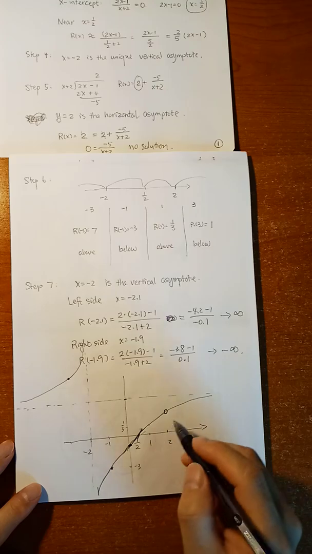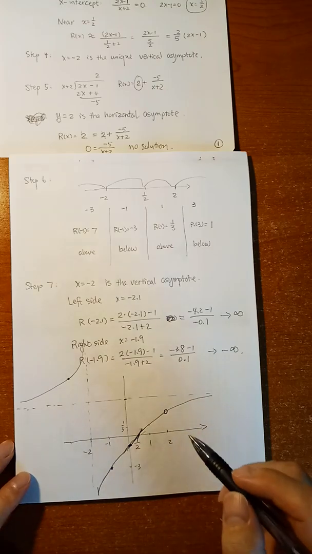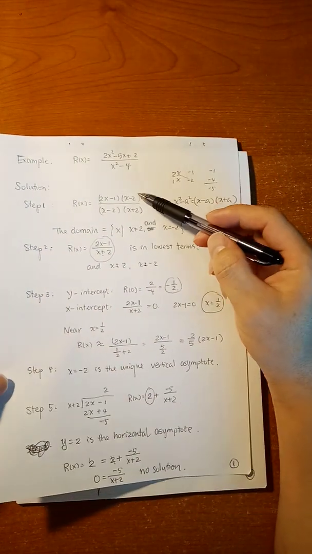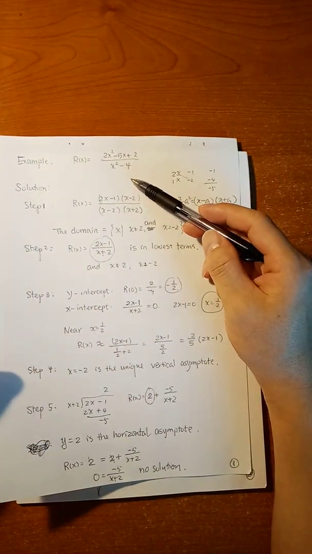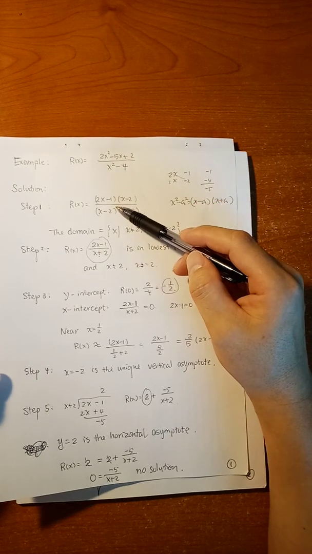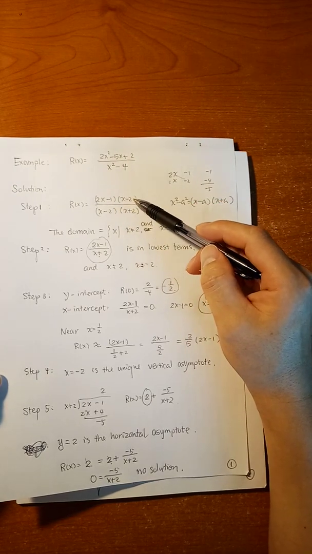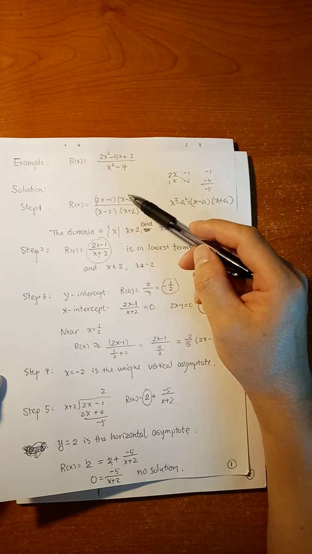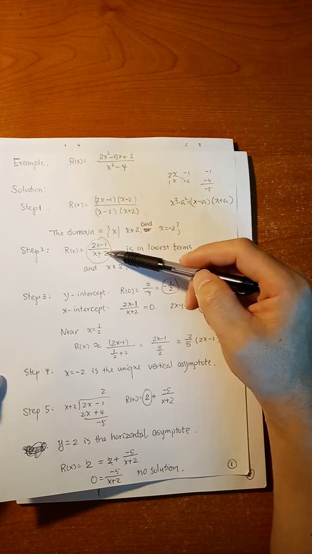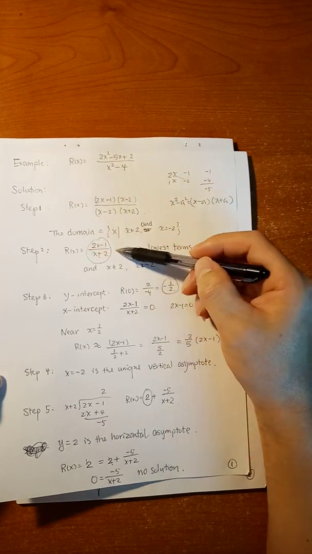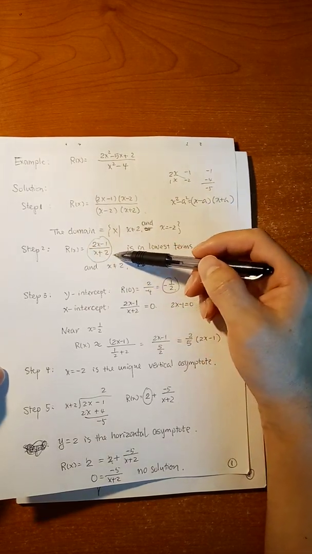So from this graph, we can see that this rational function is not in the lowest term. The numerator and the denominator have some common factors. You have to cancel the common factor in order to get the lowest term, and then you can determine the vertical asymptote from the lowest term.